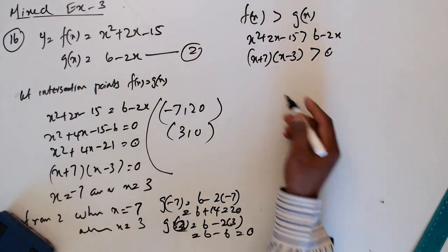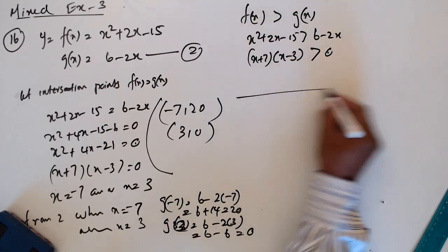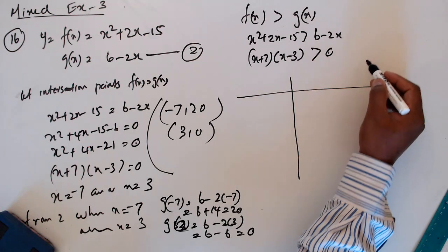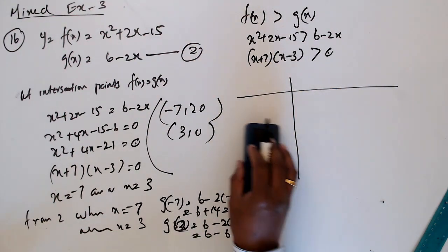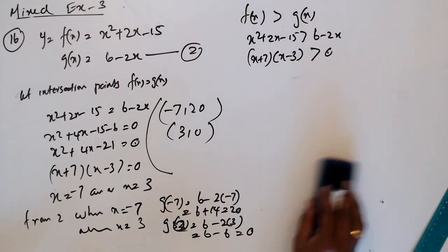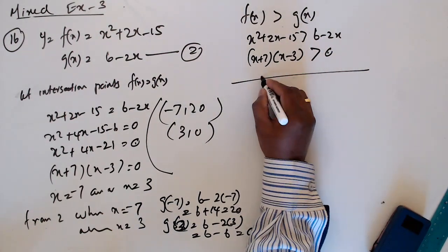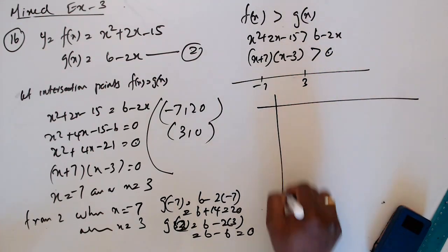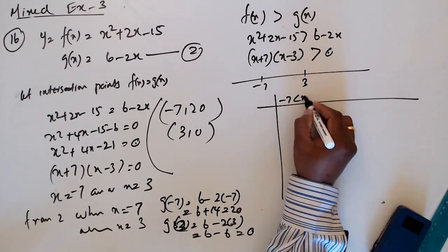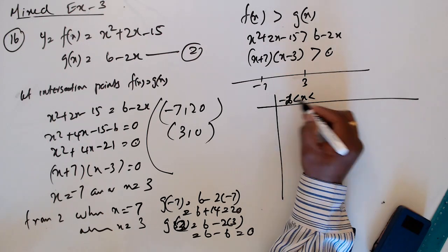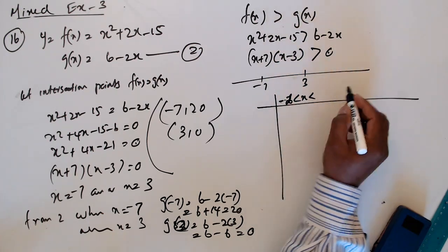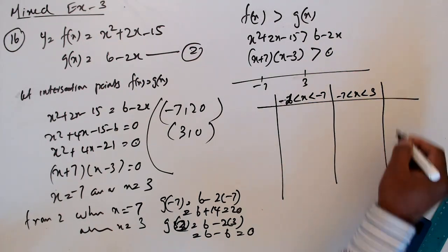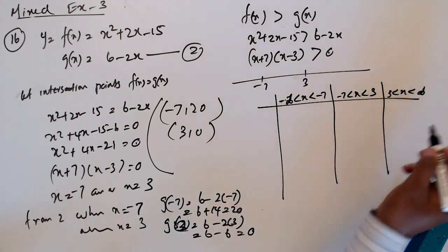Now we'll work it out on a number line with minus 7 and 3. So we are going to check x less than minus 7, x between minus 7 and 3, and x greater than 3.